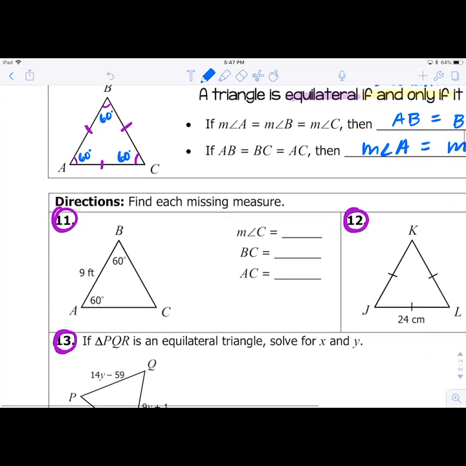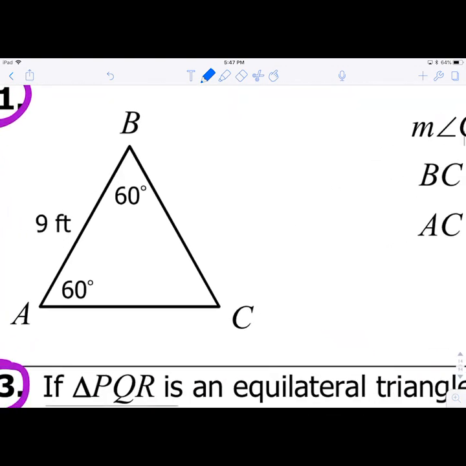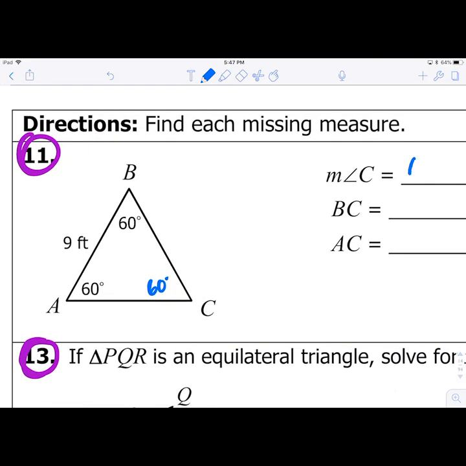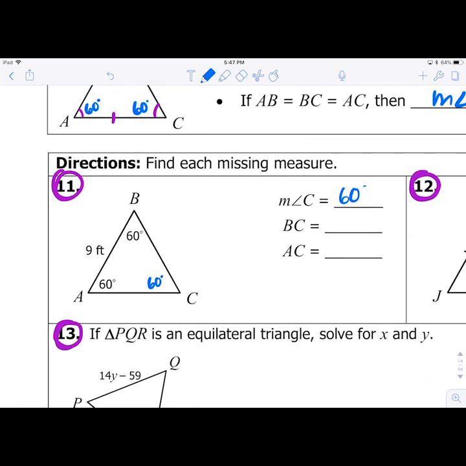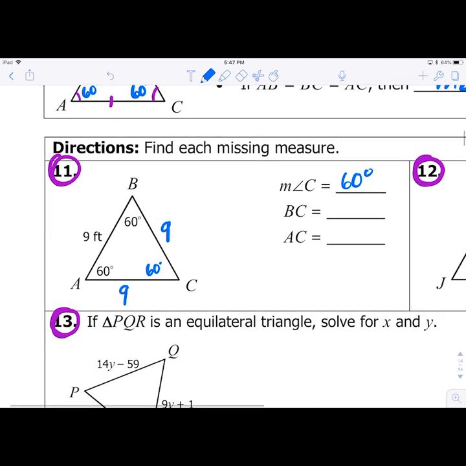So, for example, find each missing measure. Well, I see that 2 of the angles are 60, so the only other thing that this angle could be is 60. And I know now if I have a 60, 60, 60 triangle, then it's equilateral. So this is 9 feet and this is 9 feet as well.